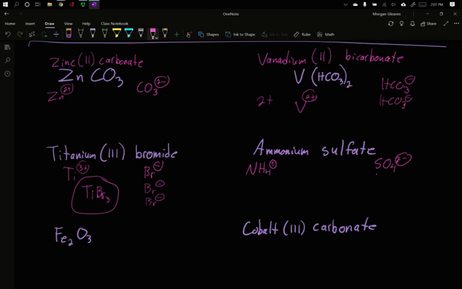I need 2 positives to balance my 2 negatives, which means I need another ammonium. So for the formula, I need NH4, but I need multiple of them. When you have a polyatomic, you have to use these parentheses. We saw that up here with bicarbonate. The idea is I need multiple of what's in the parentheses. So I put the parentheses on and I label the 2 after it.